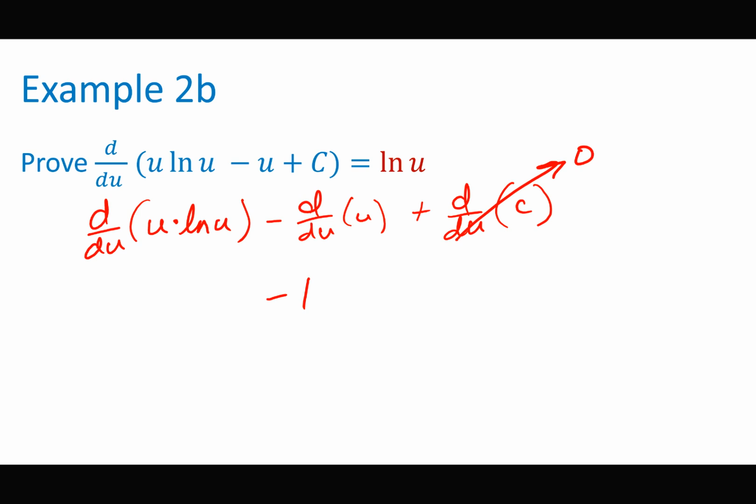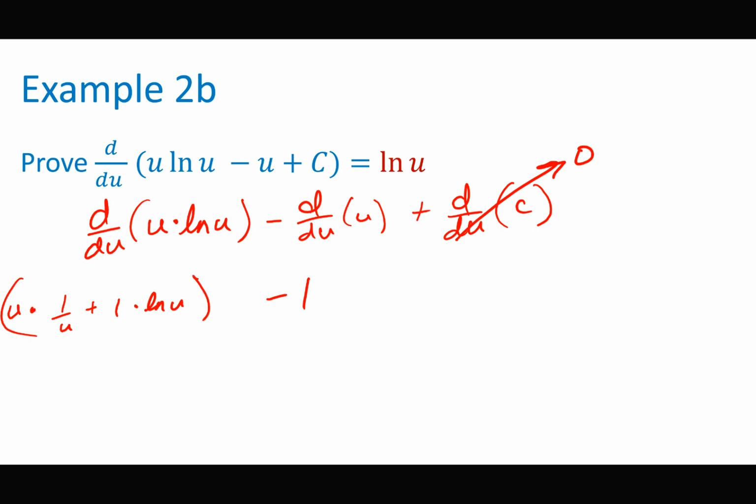What is the derivative with respect to u of u times natural log of u? So this is product rule. The first one stays, times the derivative of natural log of u. What's the derivative of natural log of u? 1 over u. It's with respect to u already, so u prime would be 1. So 1 over u, plus the derivative of u, which is 1, times natural log of u.